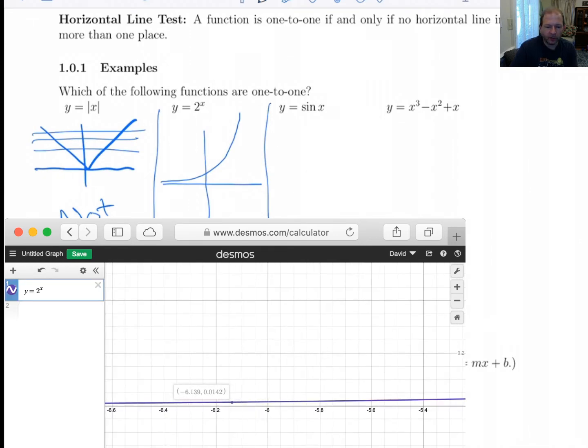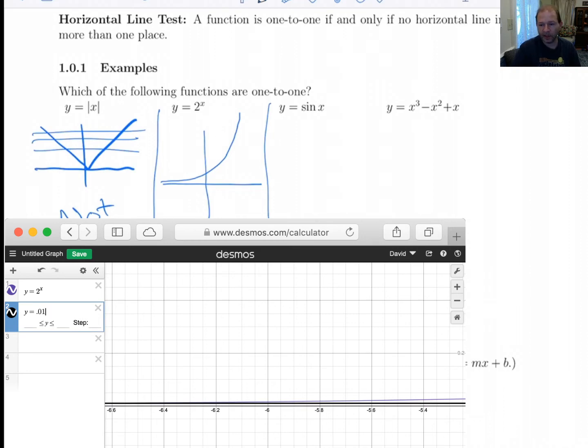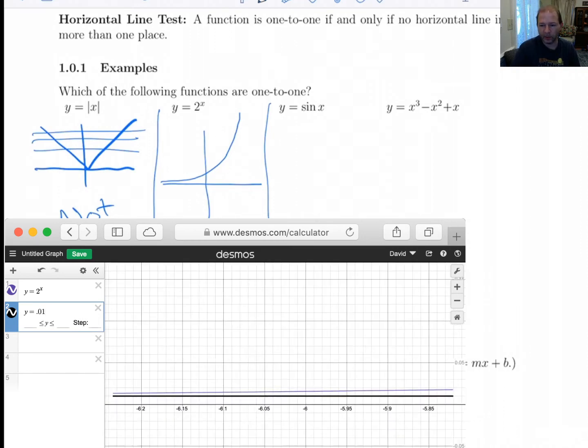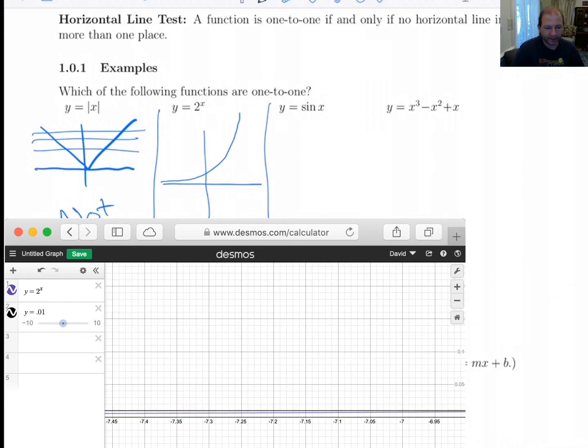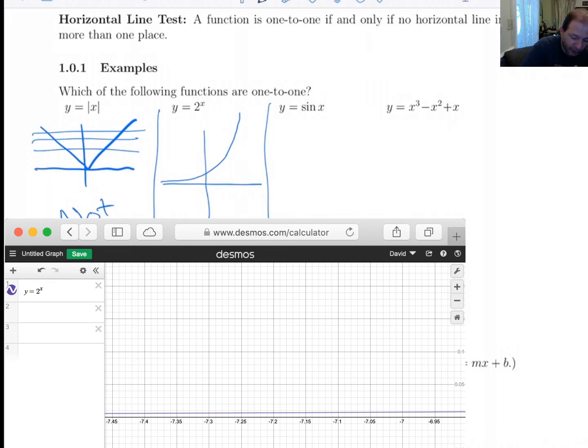It gets really close, but it never actually touches it, and therefore any horizontal line that we put in, say y equals 0.01, only touches it in one place, somewhere around there, and then over here are the lines above it. So this does pass the horizontal line test, and therefore this function is one-to-one.